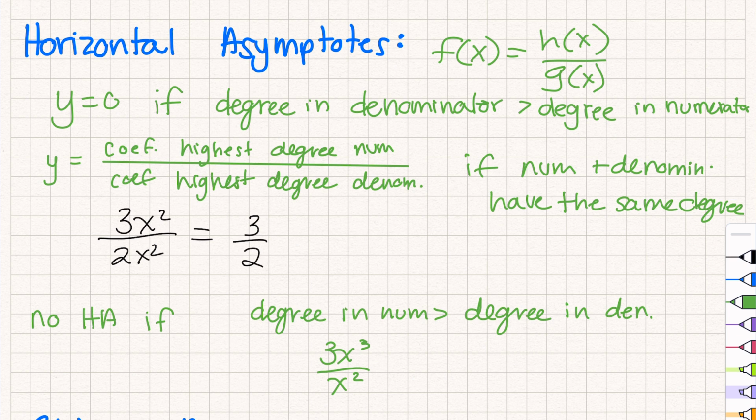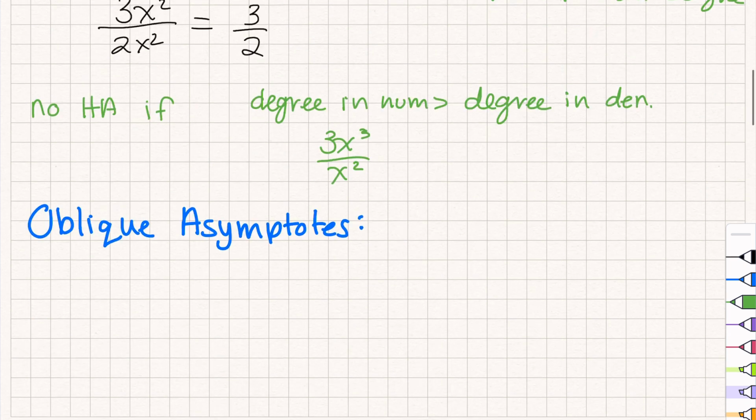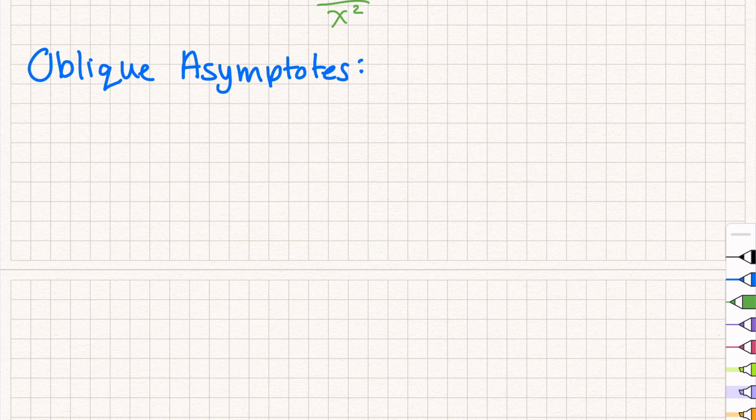Now, an oblique asymptote. An oblique asymptote is a slanted line. It can have any slope. So an oblique asymptote would look something like this, and then maybe my function would look like this.